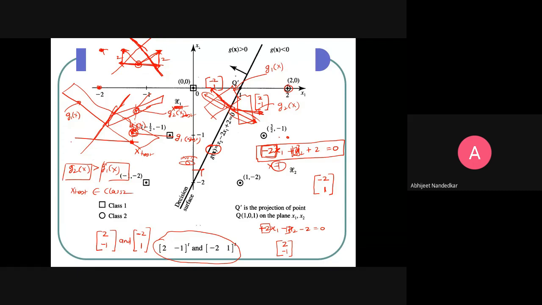Now suppose I take some sample which is here. Your G1x will produce this much value and say G2x will produce only this much.